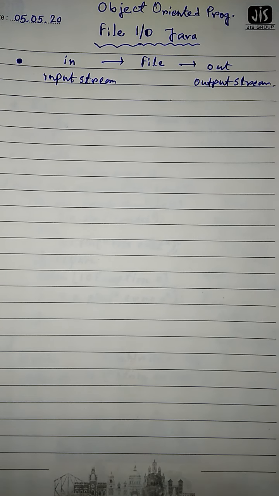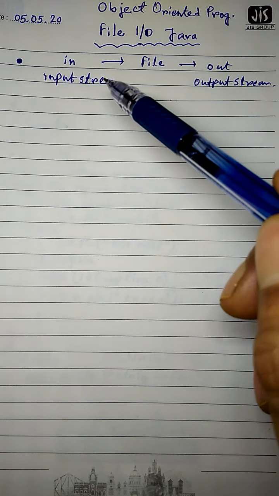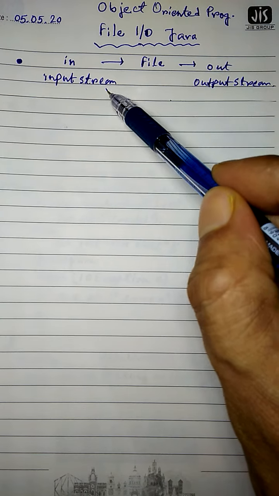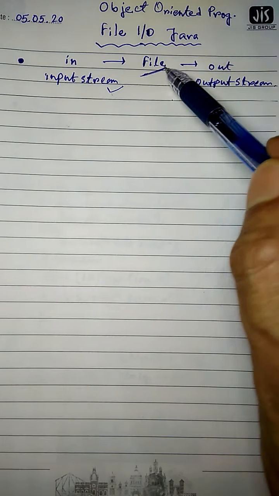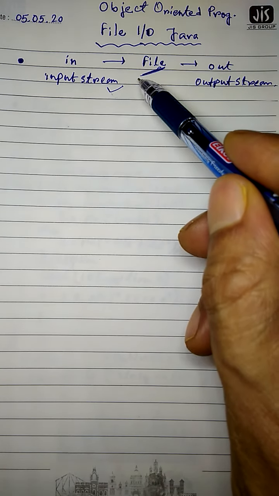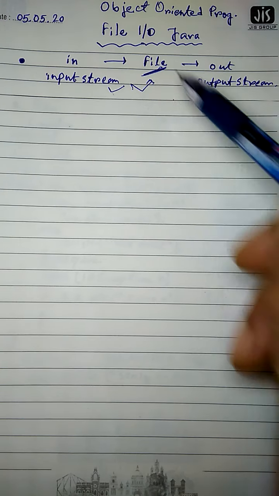In a file, some input stream is there. File in Java basically is a text file, and onto this file we need to input some data.